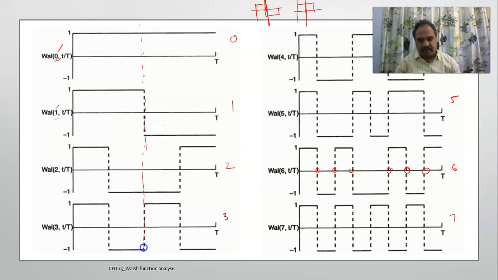Now 3 is odd symmetry, right? Similarly, this is an odd number, so I'll get an odd symmetry here. So this is even symmetry, and this is odd symmetry. Like that, it depends upon the number which you are using.